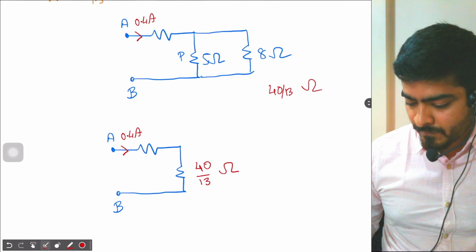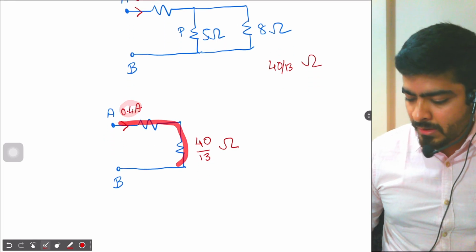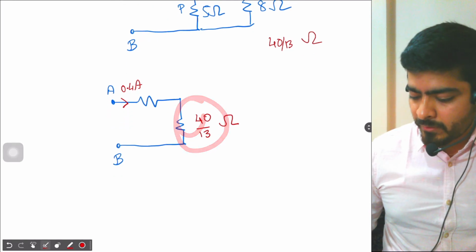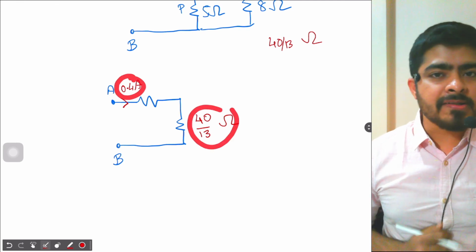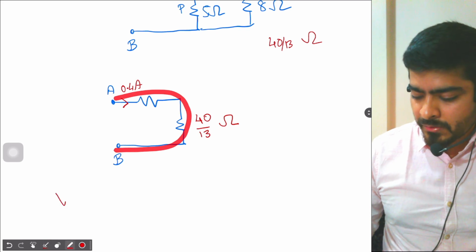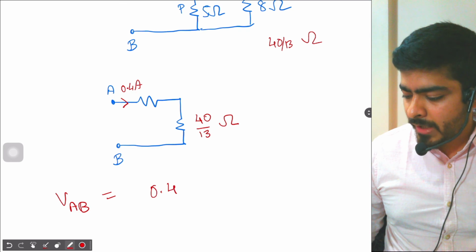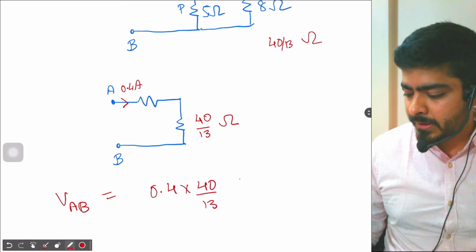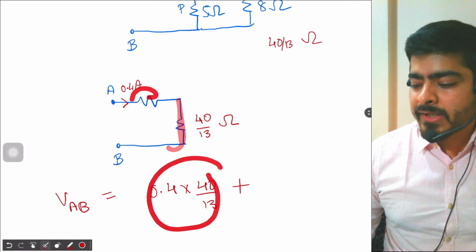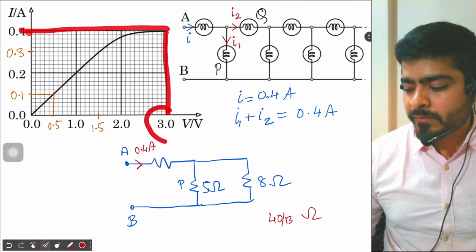Now this current of 0.4 ampere is passing through this branch. So the voltage difference across this resistor will be current into this resistance. So if I write down total potential difference, VAB will be 0.4 ampere times 40 by 13 plus voltage across this resistor, and for this resistor we have already discussed that for 0.4 ampere we have the voltage of 3 volt.